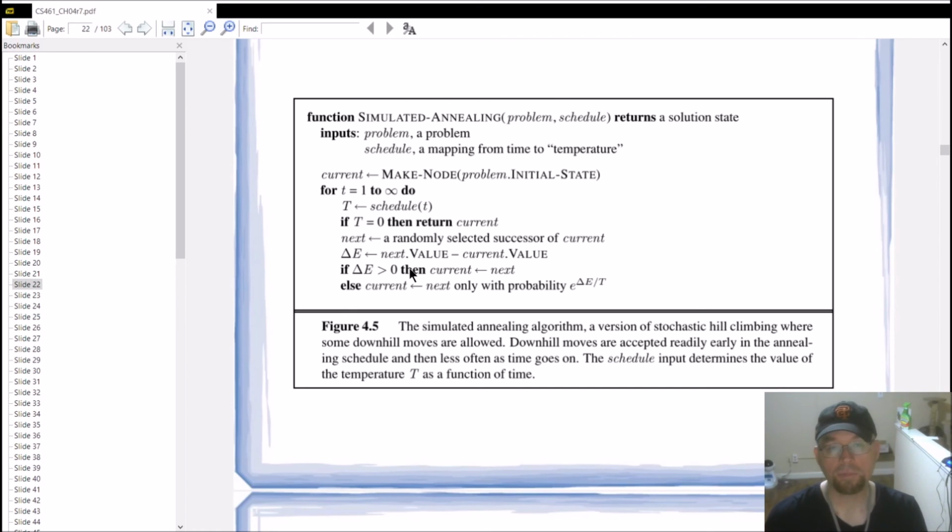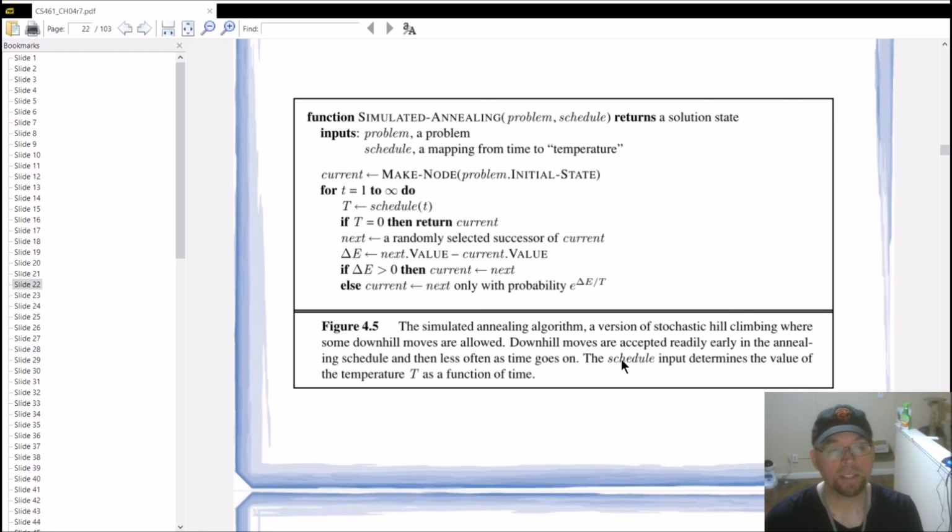Otherwise, if this is false, we'll only make the next node our current based off of a probability that is based off of this formula here: e raised to delta E divided by the temperature. So there's randomness built into it, and this probability adjusts as the search continues.